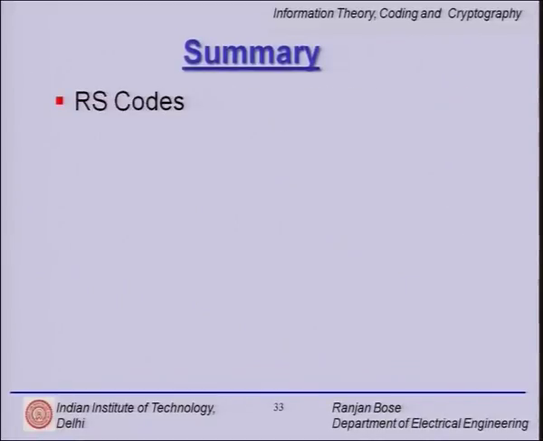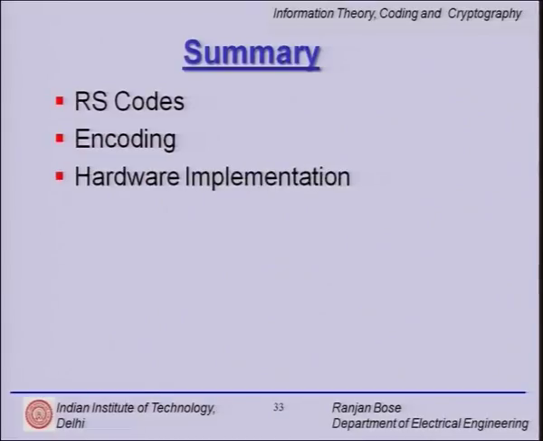So, now let us summarize what we have done so far. We introduced in this lecture the concept of Reed-Solomon codes, which is a subclass of BCH codes. We looked at the encoding procedure. Specifically, we looked at the hardware implementation. It is very easy to encode Reed-Solomon codes using shift registers and two switches.